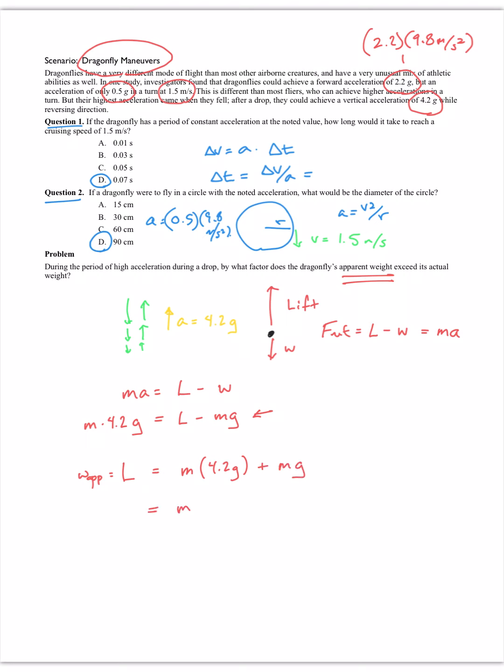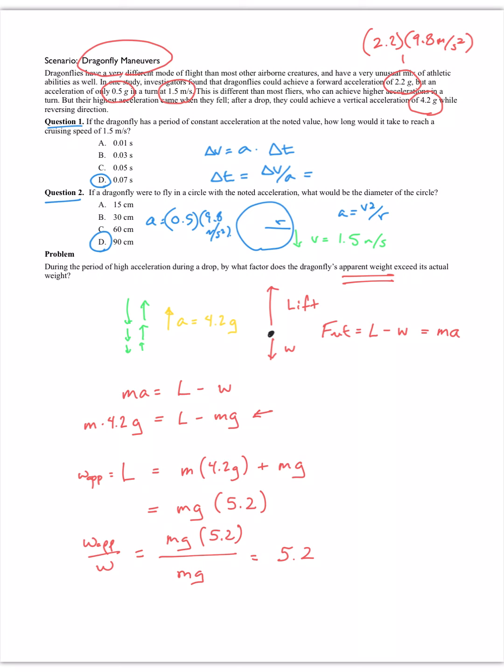And the question asked us, what is the ratio of the apparent weight to the actual weight? Well, the apparent weight is m times g times 5.2. The actual weight is m times g, and so I end up with the ratio is just 5.2.